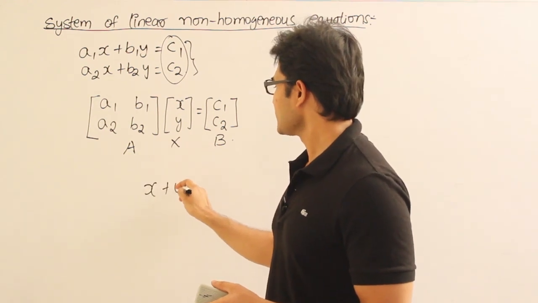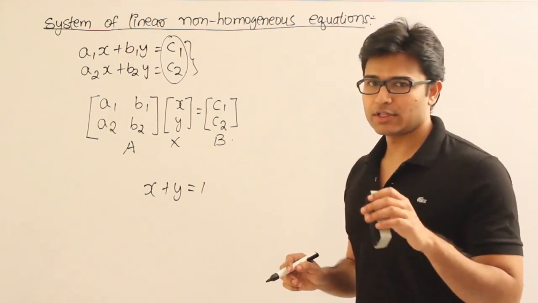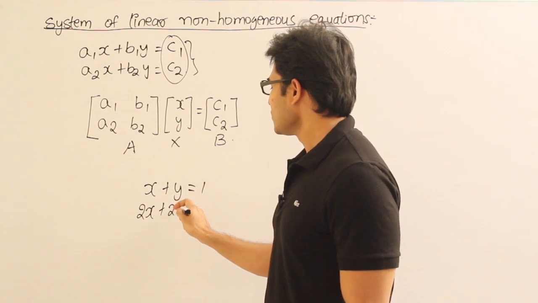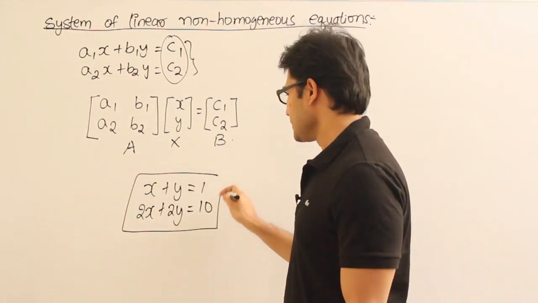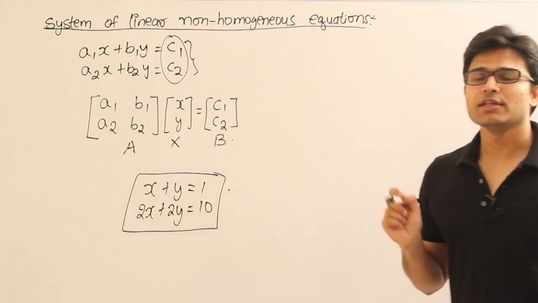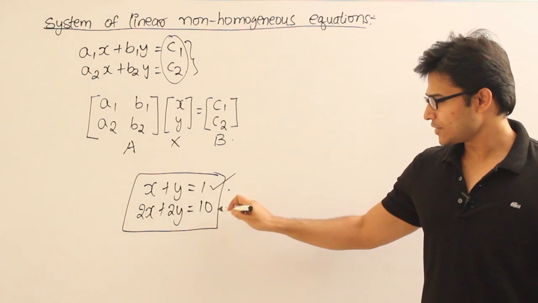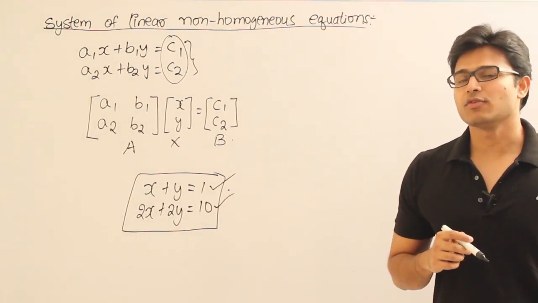If you have x plus y equal to 1 as one equation, and then 2x plus 2y equal to 10, please try to solve it. For any values of x and y, you cannot satisfy both the equations simultaneously. Why is that so?